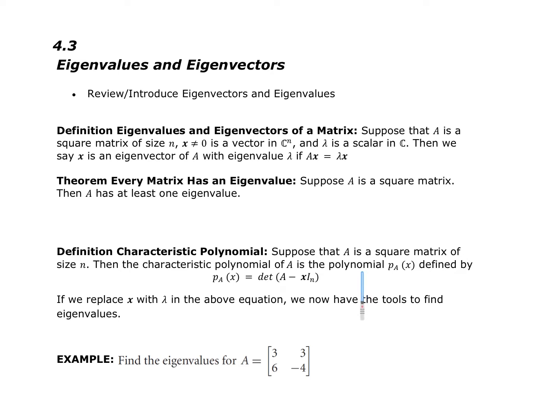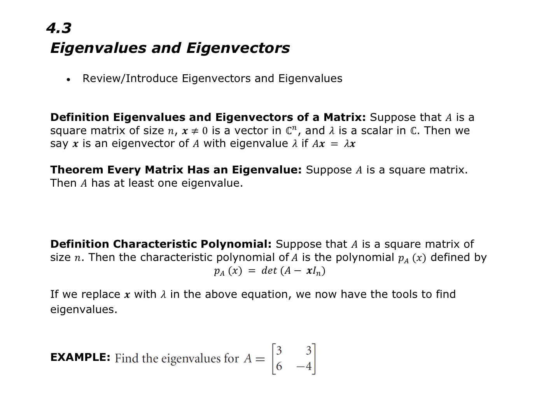Now we're talking about the characteristic polynomial of the matrix A. It is defined as the determinant of the matrix A minus x multiplied by the identity matrix of size n. If we replace x with lambda in the above equation, we now have the tools to find the eigenvalues.